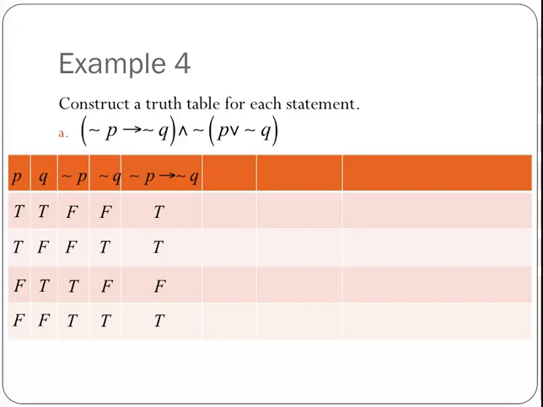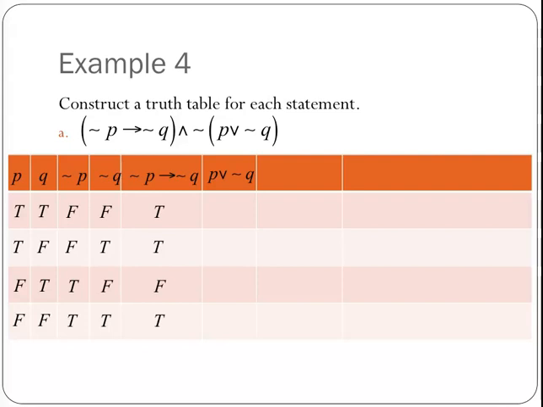Now let's take the second parentheses, P or not Q. Remember which two columns you're looking at: the P column and the not Q column. For or, at least one of them has to be true in order for it to be true.